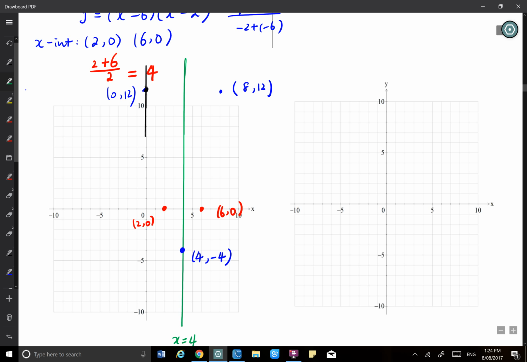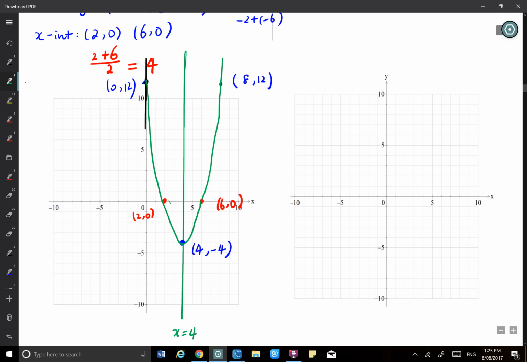Well, then we sketch the graph. Okay, that's the shape of the graph.